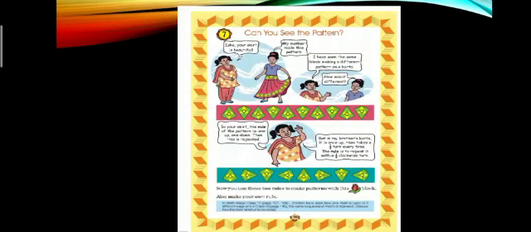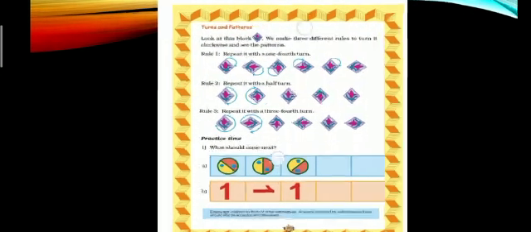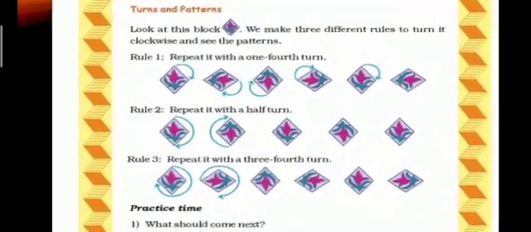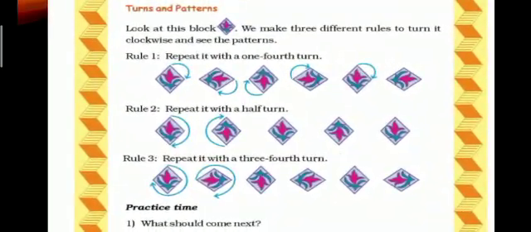Now let's go for the next one. Here we are going to look at the rules. Here the first rule is repeating. What is repeated every time? A 1/4 turn. You could see the flower's peak has been taken to 3. After 3 it has been turned to 6, then from 6 it has been turned to 9, and then again to 12.